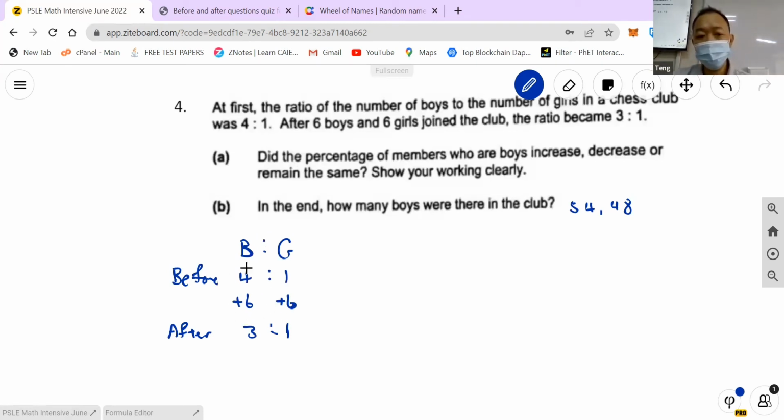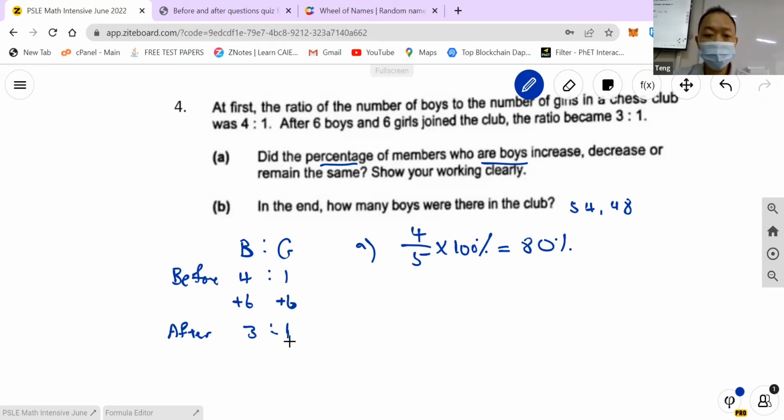So just by looking at this ratio, we're supposed to come up with the conclusion. Can you tell me what is the percentage of boys at first? We want to find out the percentage of members who are boys. At first we take 4/5 times 100, which is equal to 80%, correct?